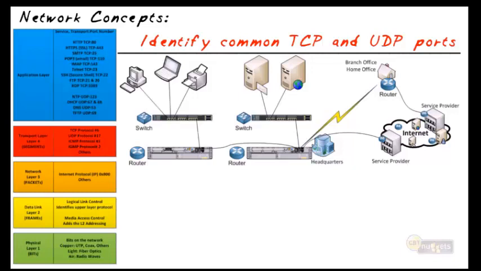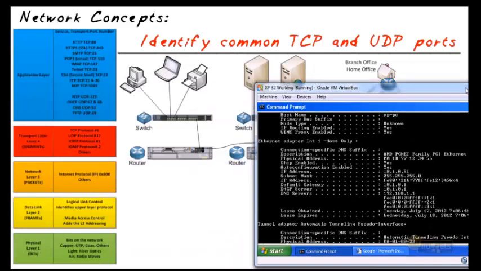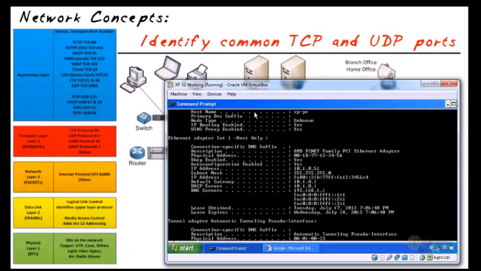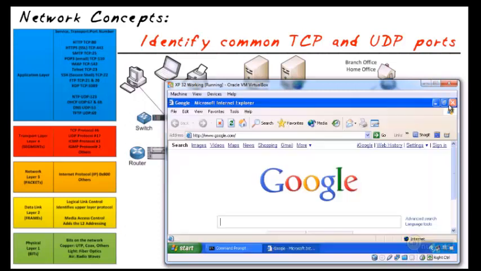Well, let's say we bring back our same client and we want to go to a secure website. We don't want the possibility of an eavesdropper seeing all of our data. So let's go out to https://www.paypal.com.